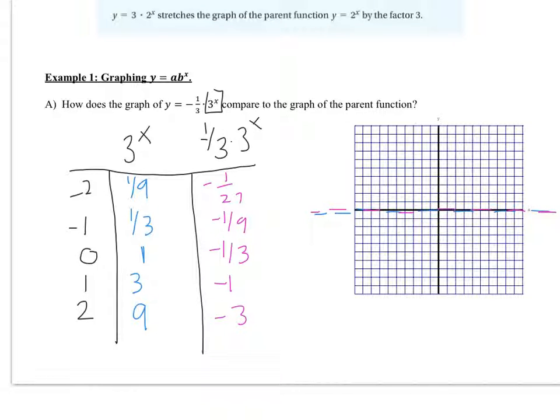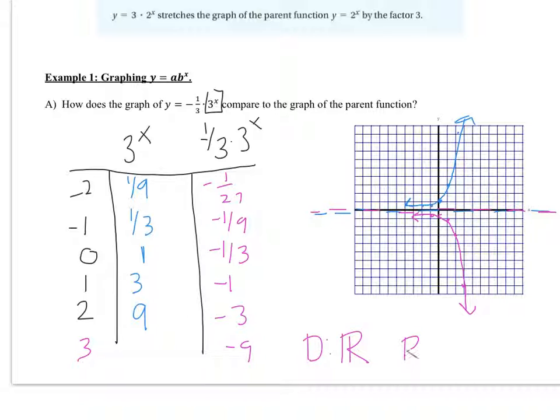So now if you plot these points, and these are your 2 parent functions and your transformation graph. Now if you see, I added a point to my transformation graph because I know 3, negative 9 would also fit. So when I'm looking at this, I'm only going to be doing my domain and range and asymptote for my actual new equation. My domain can be all real numbers. Any number can be put into that graph, any number at all.